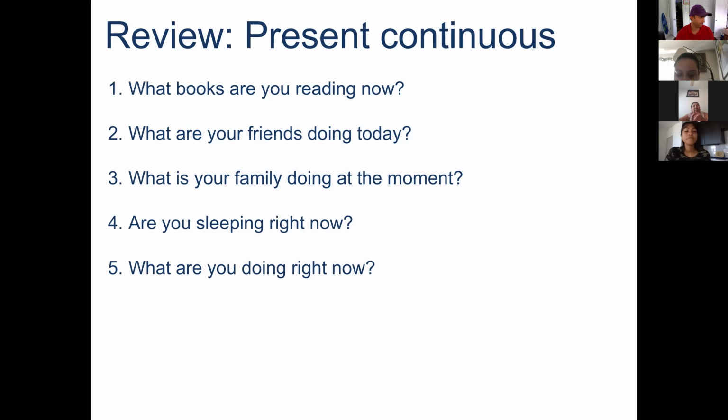I don't know exactly what they are doing right now. Okay. What do you think they are doing? I guess cleaning the house. Okay. I think so. Let's see here. What is your family doing at the moment, Sarai?